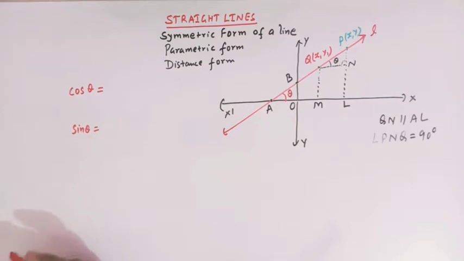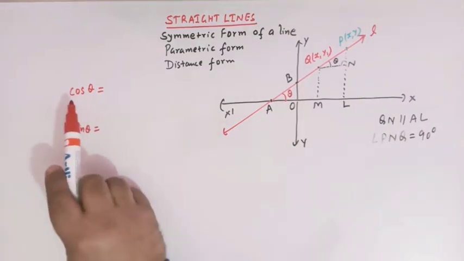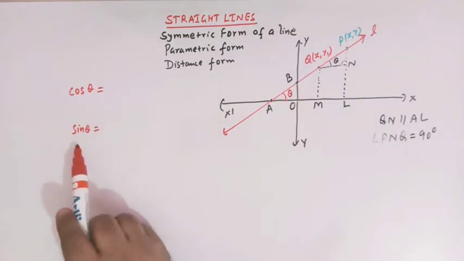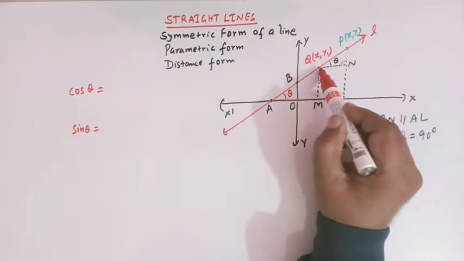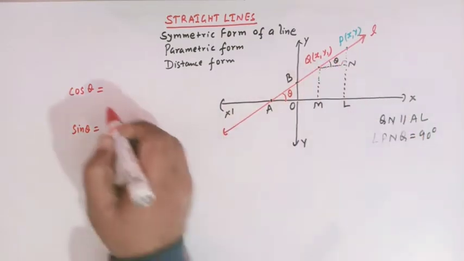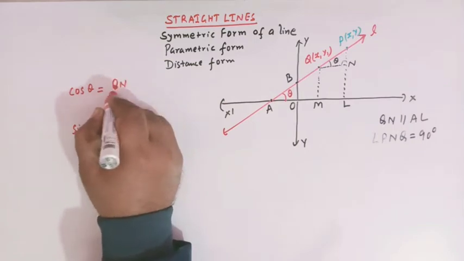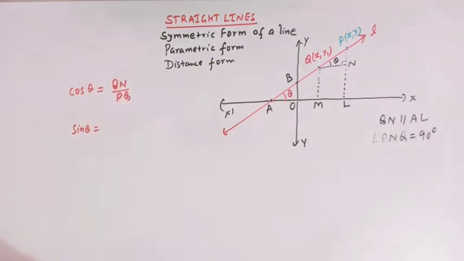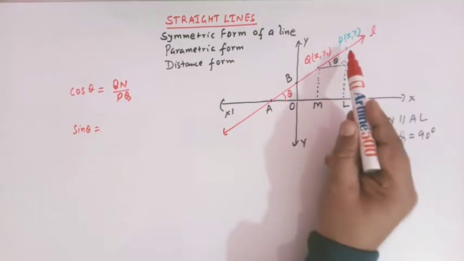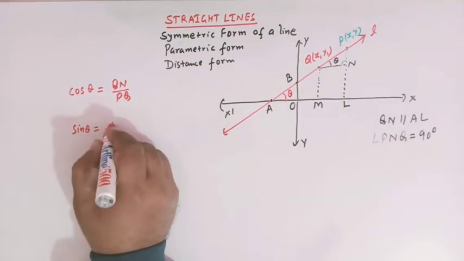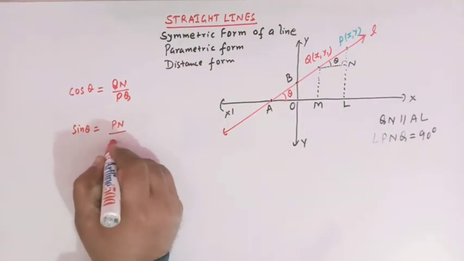If we see this triangle, then cosine theta is QN over PQ, and sin theta is PN over PQ.